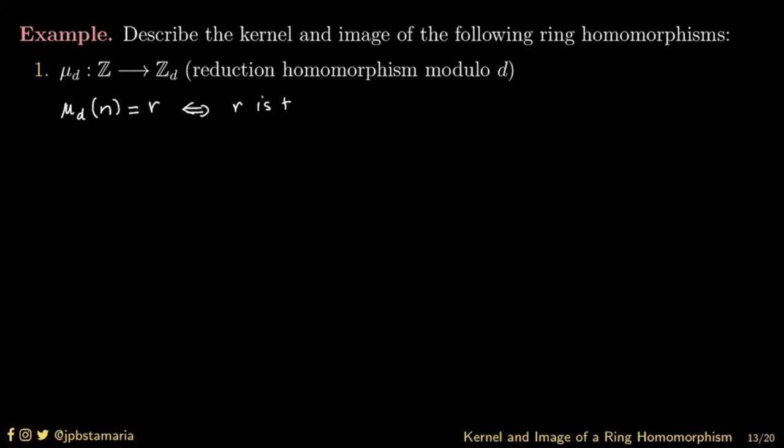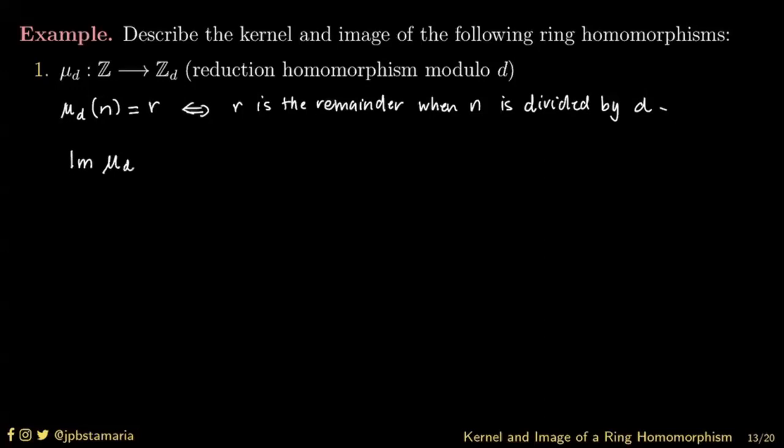R is the remainder when N is divided by D. So, naka-fixed yung value ng D, and then, paano malalaman yung image ng N? Kagaya nung definition niya, kukunin mo yung remainder when you divide it by N. We call it reduction homomorphism modulo D.